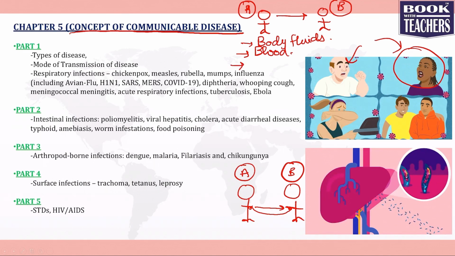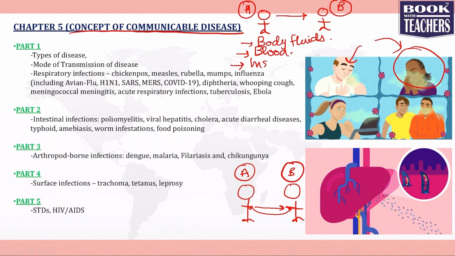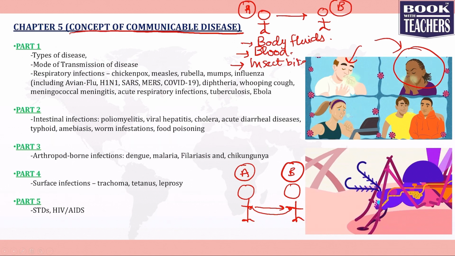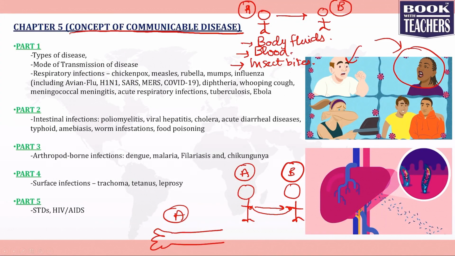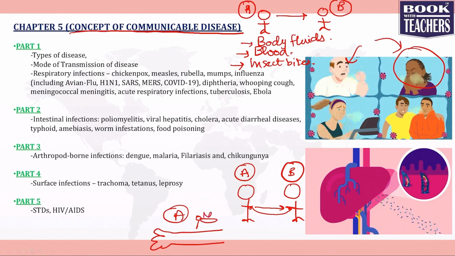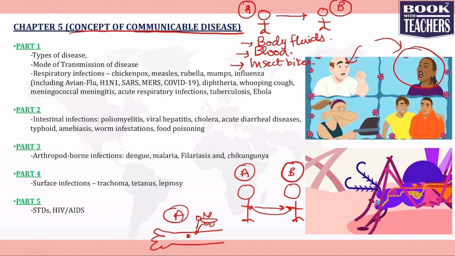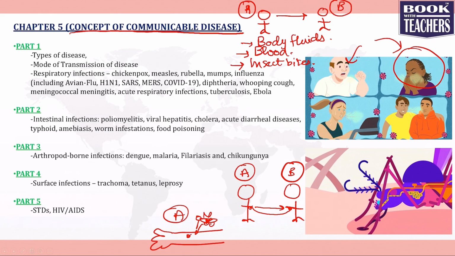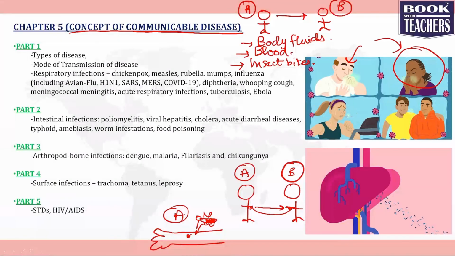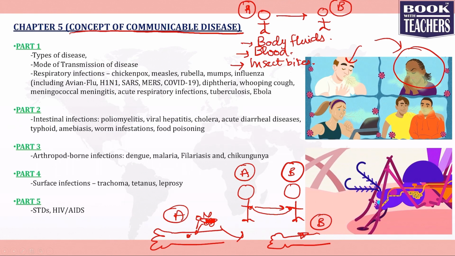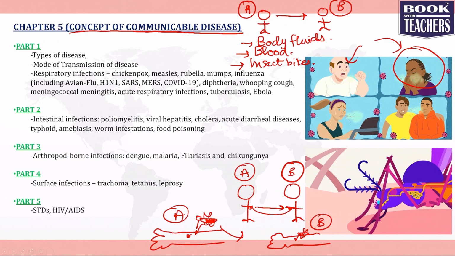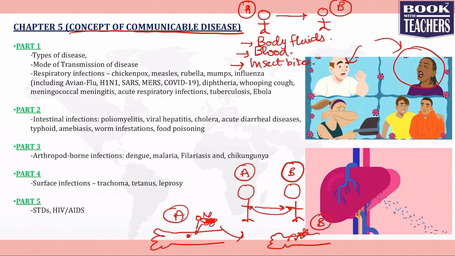And another method would be through insect bites. Now say that this person's hand, this person is the infected person, okay. Now a mosquito say comes and flies and it bites this person's hand. Now this mosquito has collected this person's blood along with the infection. And if this mosquito then goes to the healthy person and bites this healthy person, there's a chance that the infection will travel through the mosquito's mouth into the person's bloodstream.